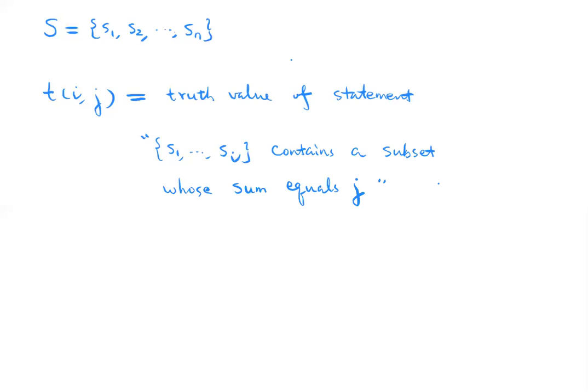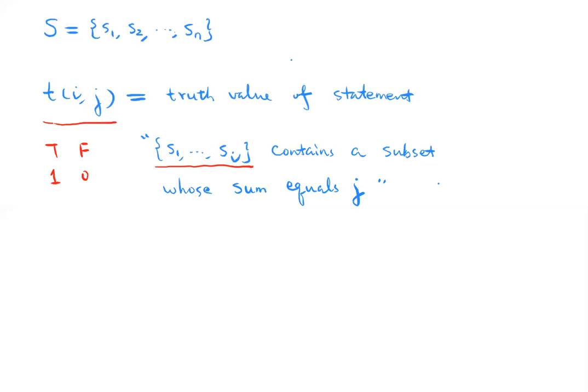So this value depends on two things. One is i, one is j, and the value is either true or false. So two values, 1 or 0. All right. So the meaning is the Boolean value of the statement: the first i elements contain a subset whose sum exactly equals j. All right.